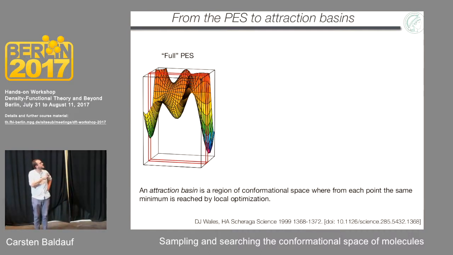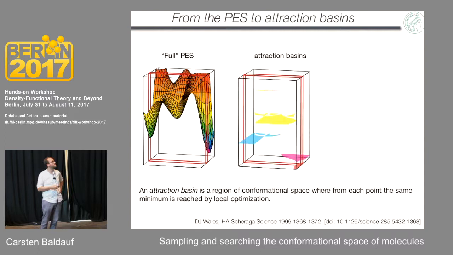When I'm at this point, I will fall down into this minimum. When I'm at this point, I will fall down into this minimum if I let loose, right? So every point that after local optimization ends up in this minimum belongs to this attraction basin.